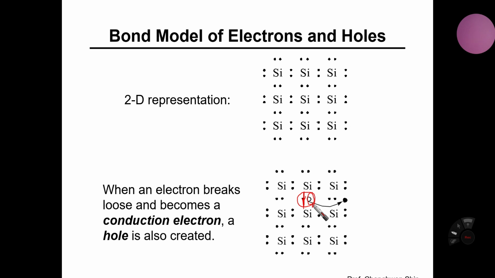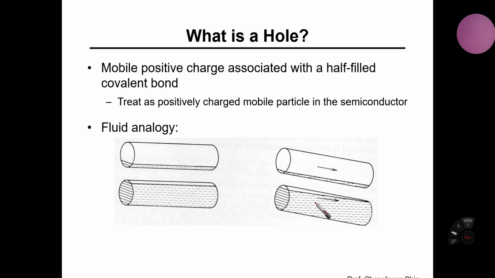The other half is empty. So once a half-filled covalent bond is found, there is always a hole. So now the hole can be treated as a positively charged mobile particle in the semiconductor material. We will get back to this point later on.